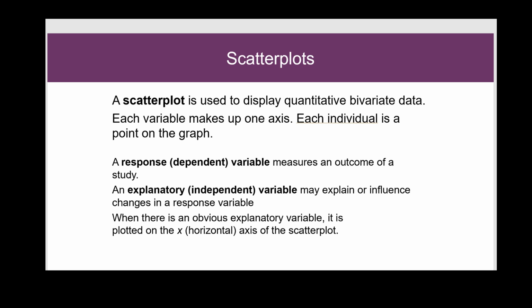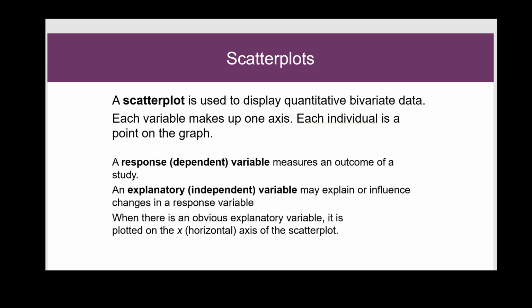Scatter plots are always used to display quantitative bivariate data, that is x and y. One variable makes up the x-axis, the other variable is represented by the vertical line, which is the y-axis.